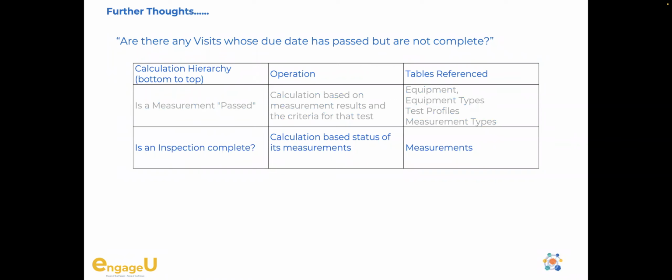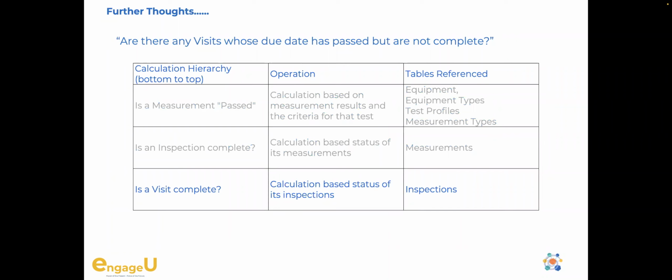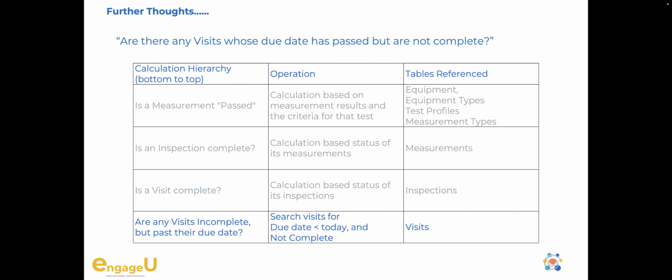Is an inspection complete? It's a calculation based on the status of all its measurements. Is a visit complete? It's a calculation based on the status of all its inspections. So if you don't hard save a lot of these intermediate results on the way up, this is going to be a nightmare.